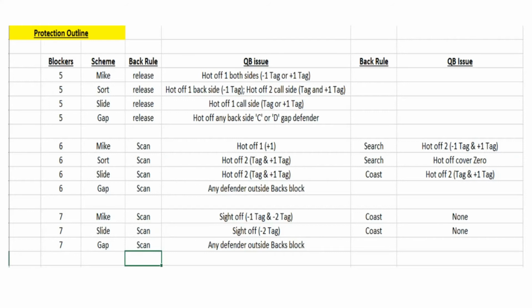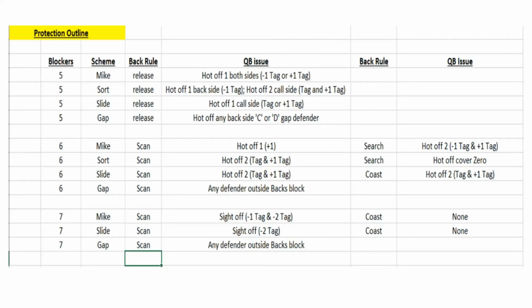Go over to the right side now where you see the back rule to the right, and you see now if we have a search in the scheme. So we're still in a 6-man Mike scheme, but now we're going to search the protection. Now that forces us to be hot off 2, -1 and +1. So for the quarterback, if we're not searching the back, then you have more problems.